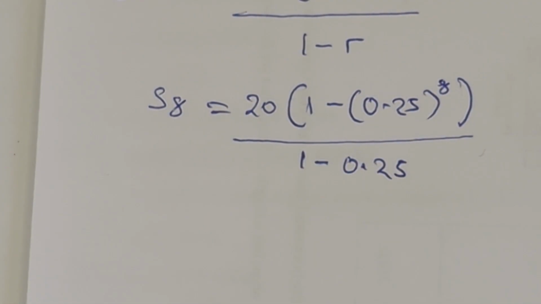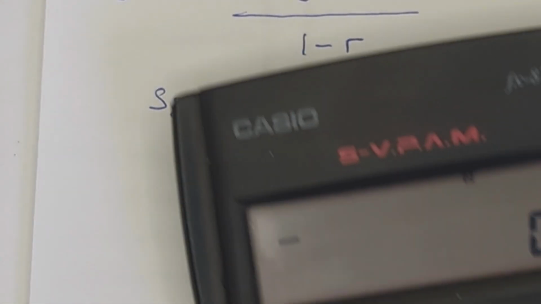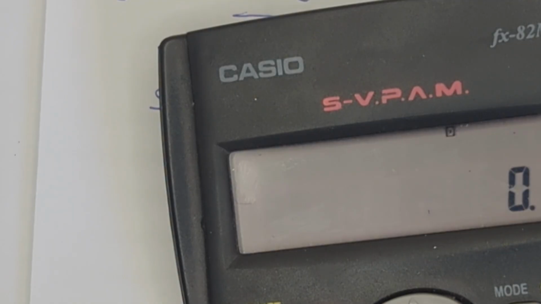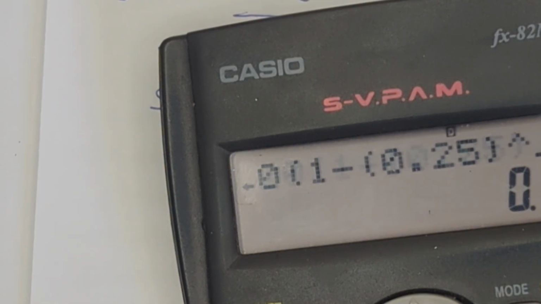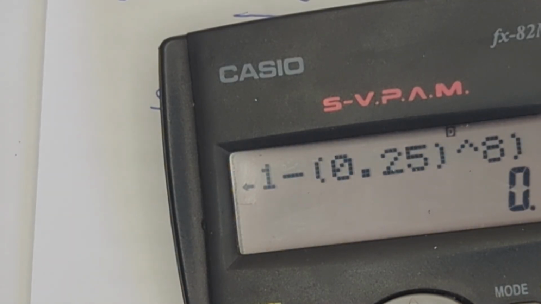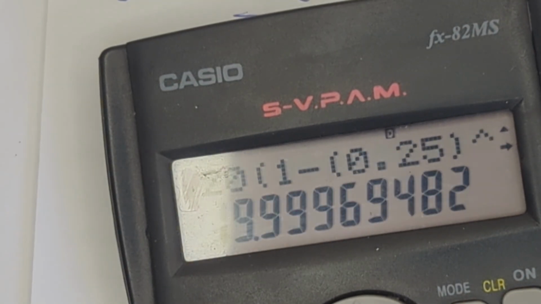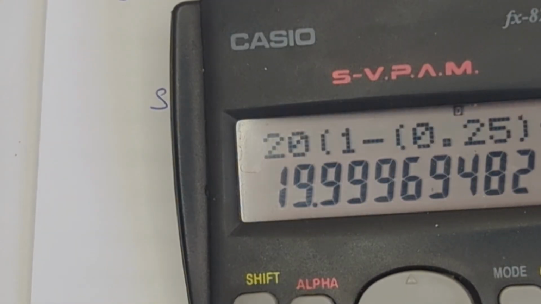So we can compute this. On a calculator, on the numerator part we have 20, open bracket, 1 minus open bracket 0.25 close, to the power 8, close. So that is the answer.